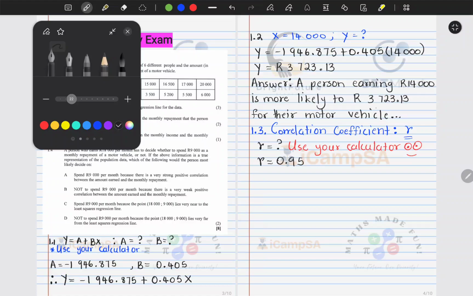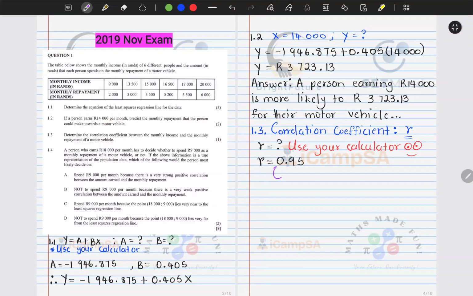And what I need you to remember is that an R value that is very close to +1 indicates, we covered this in the introduction lesson, a strong positive correlation. Okay, so this is very important.